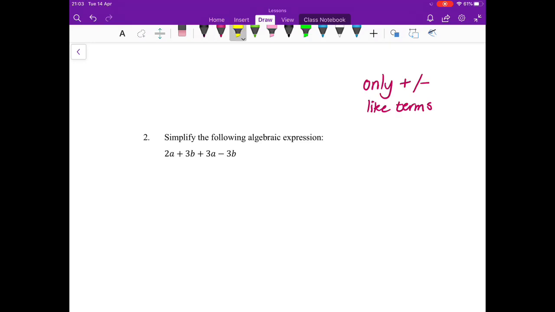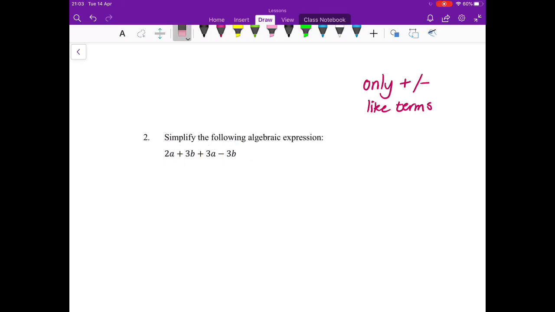So we run our eye along until we get to the first plus sign. Everything in front of that is one term. We run our eye along until we get to the next plus or minus. So that is one term. We run our eye along. That's a subtraction sign, so everything in front of that is one term. That is one term. So that expression has four terms.